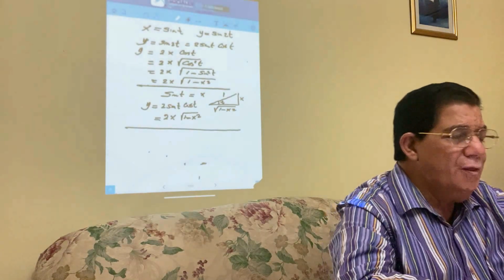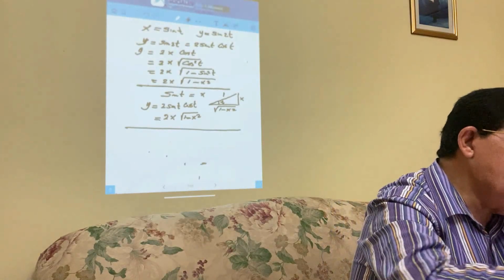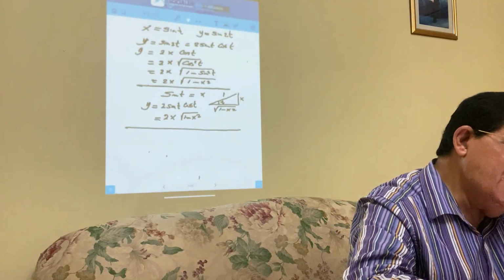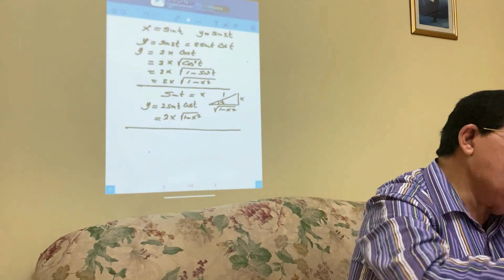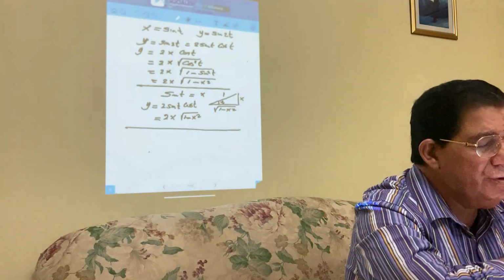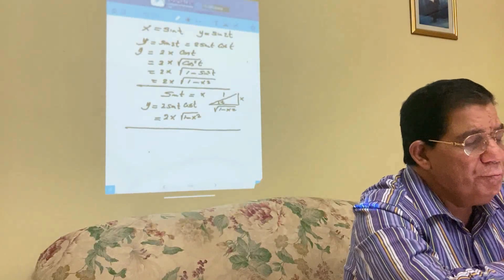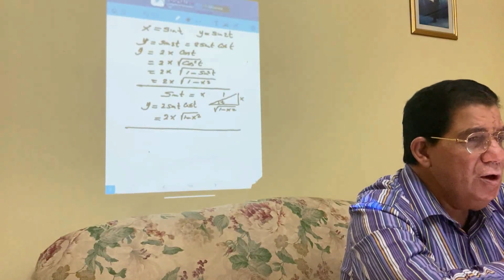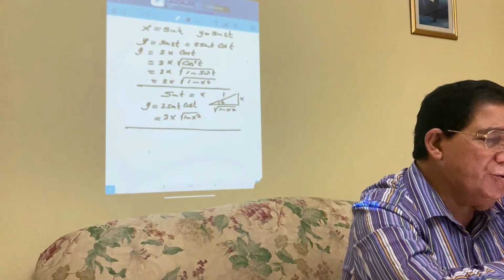Therefore, there are two ways to find the Cartesian equation from a parametric equation when it is given in trigonometry.